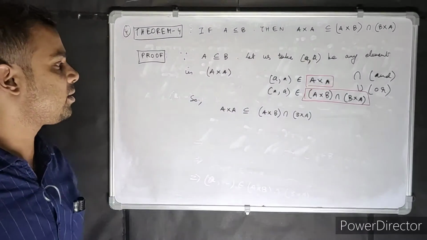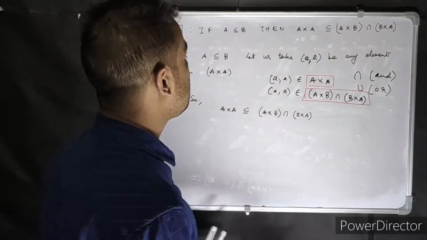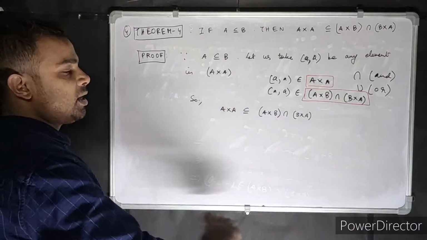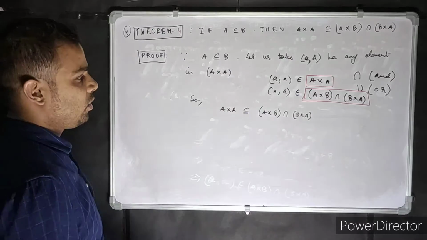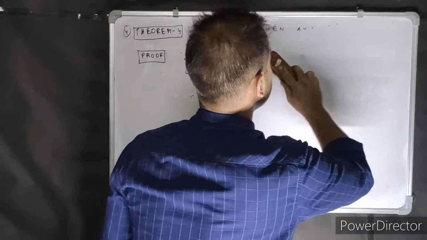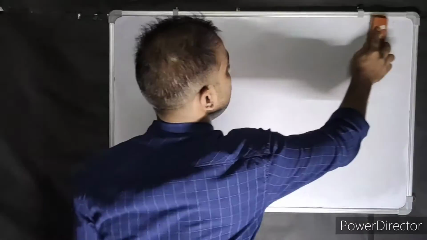If you take a few numbers in set A and a few numbers in set B, such that the set A is contained in set B. Okay, so like that. Let's go on to theorem number 5.